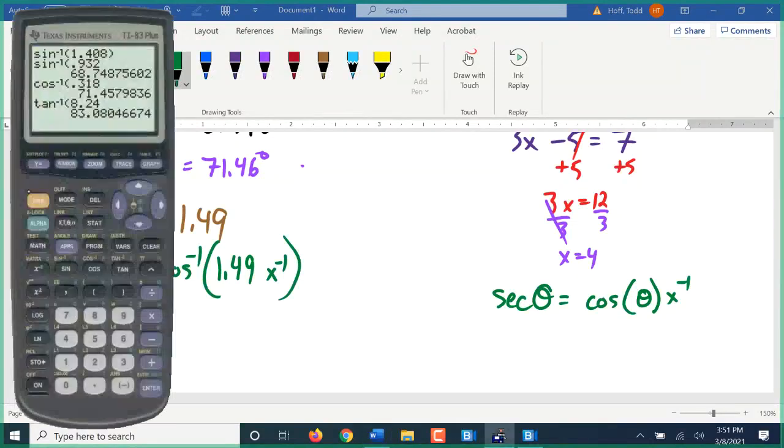So I still do second cosine or inverse cosine. I do the 1.49, but then I put the reciprocal key inside the parentheses instead of outside the parentheses. Does that make sense? Because that's saying the reciprocal happens before the inverse cosine. Giving me 47.84 degrees.